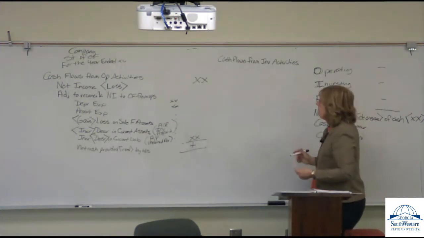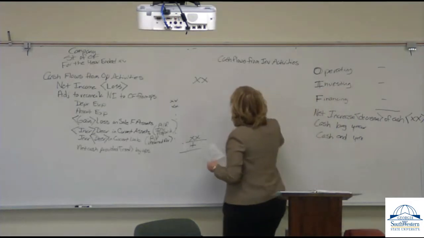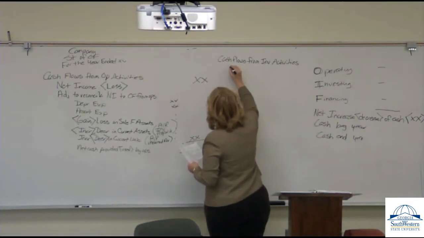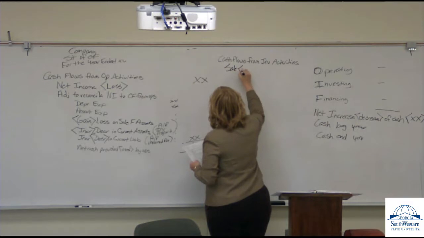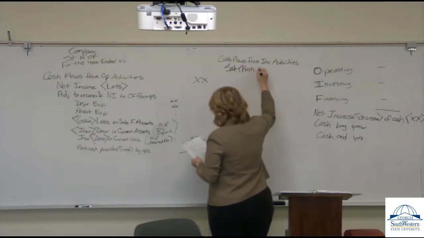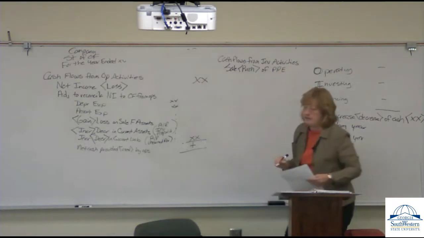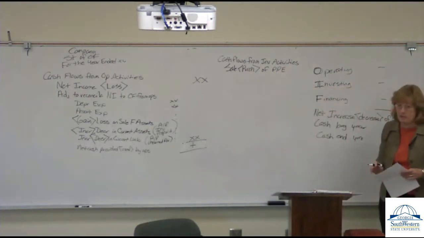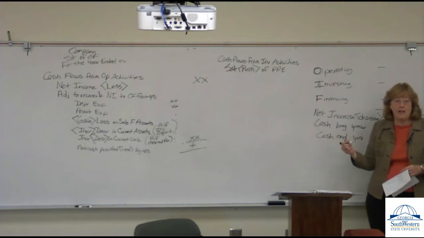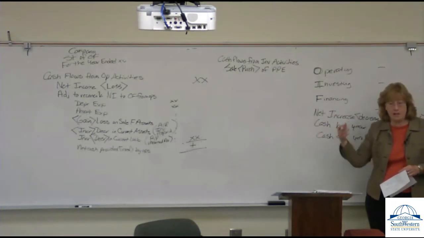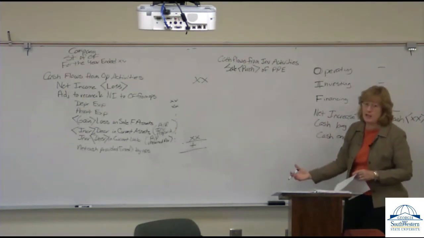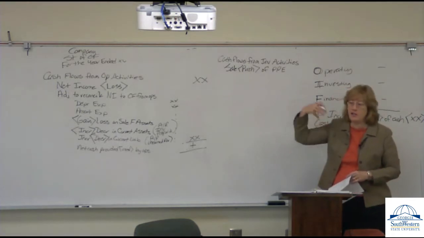So let's say the first one is the sale or purchase of property, plant, and equipment. Okay, so I've gone ahead and put the brackets around purchase. So why is that? When you're purchasing this fixed asset, you're using cash. Cash is going out.